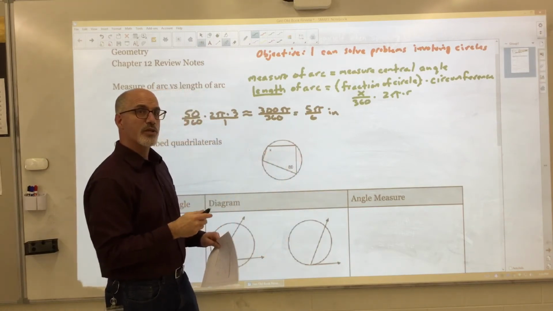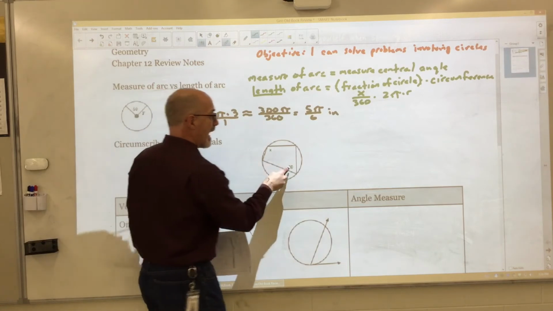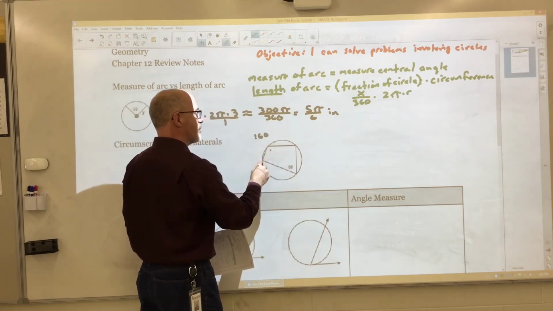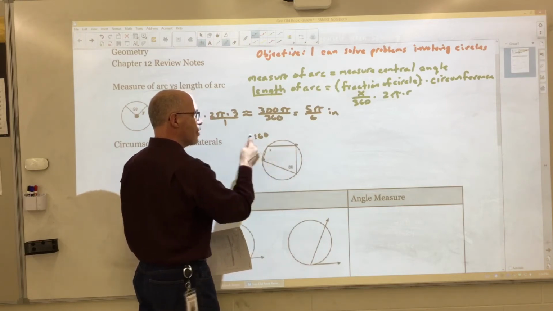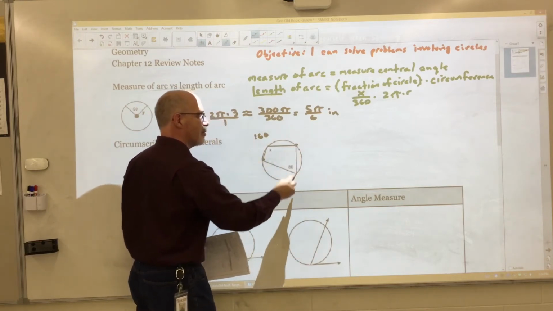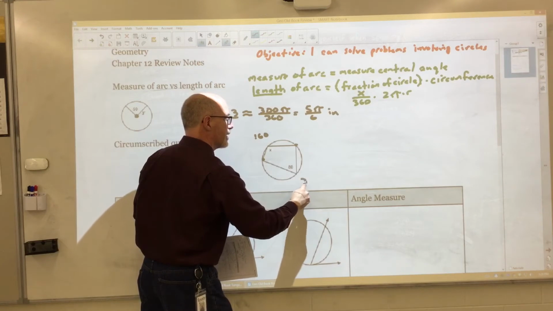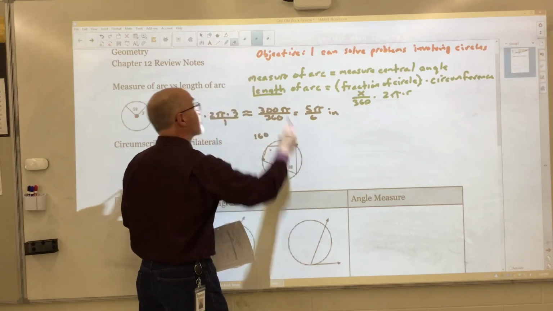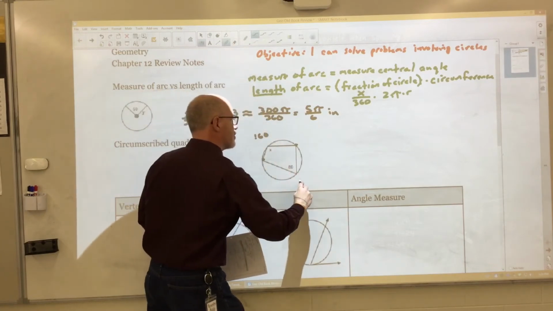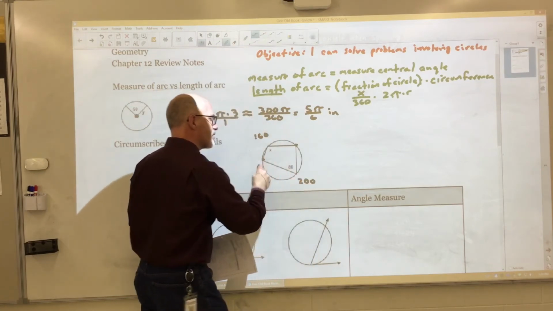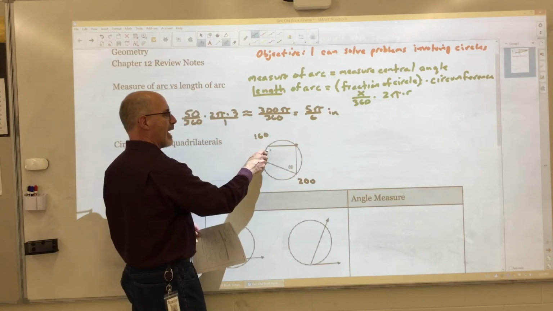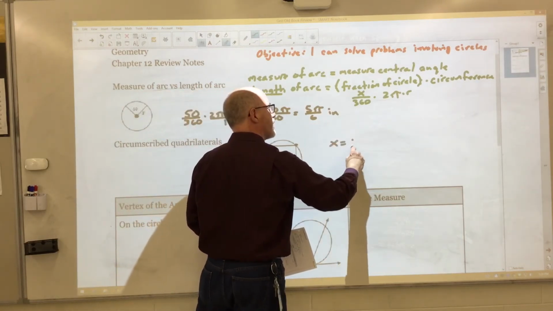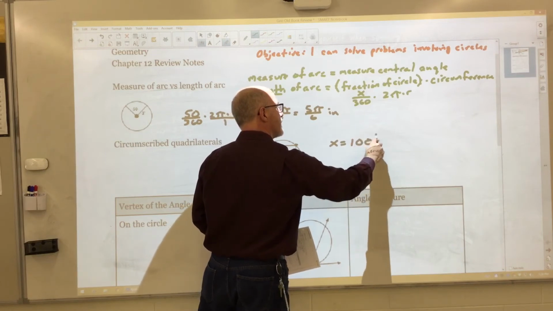Well, we can use that to say this is half of 160 up here, so that's from here to here. Notice then that the rest of this would be 200, when we subtract it from 360, so we get 200 degrees for this arc length. And so x would be half of that. X equals 100 degrees in this case.